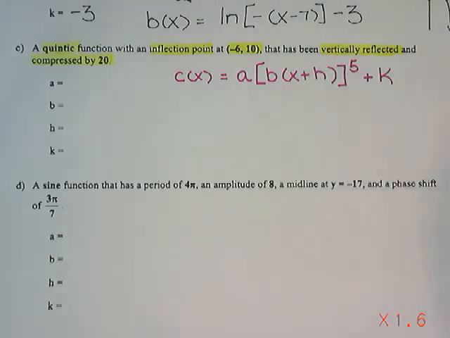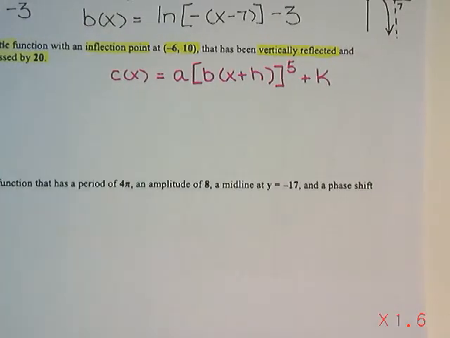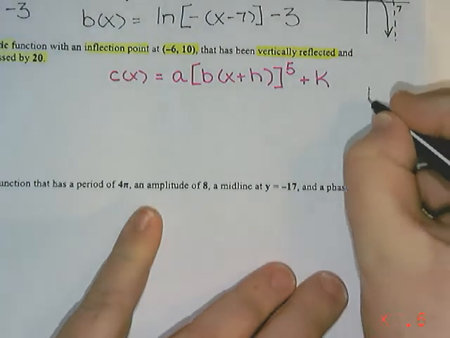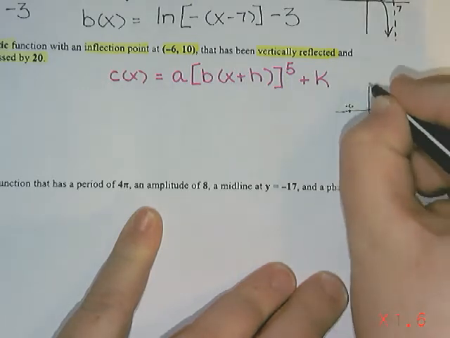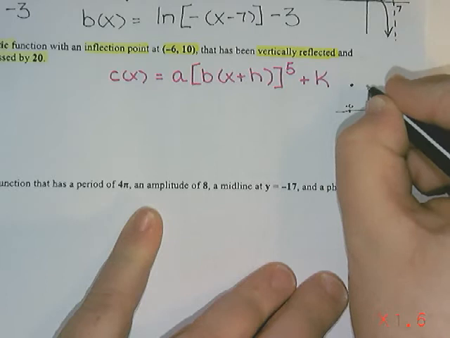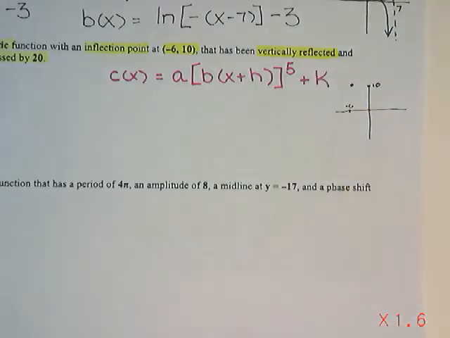Okay, so this says it has an inflection point at -6 and 10. So that means if I drew myself a little sketch at -6 and +10, that's where the inflection point is.